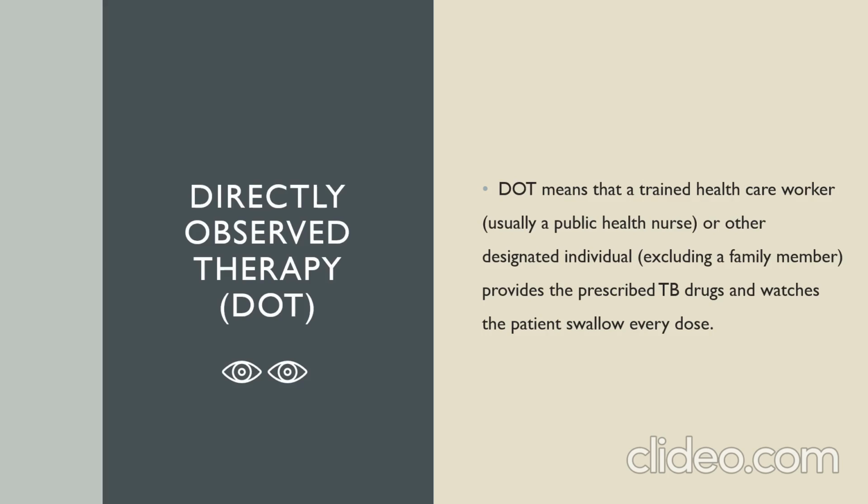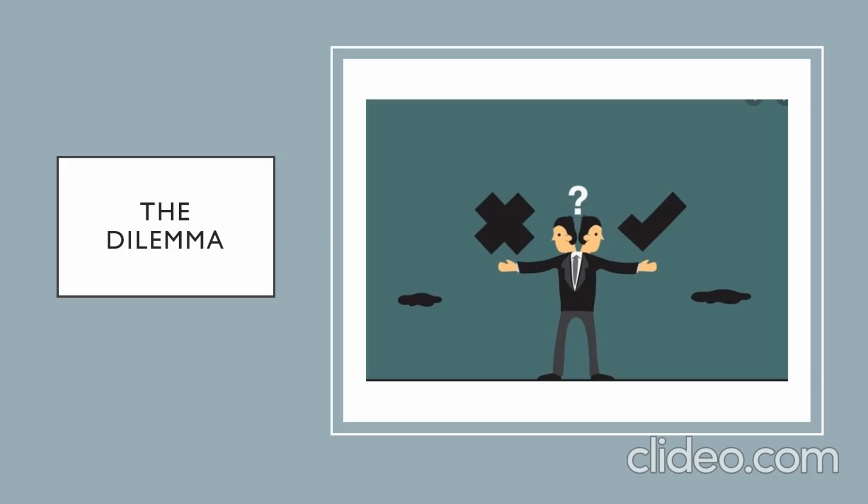That means she was not showing any symptoms, but because it was latent, it's there, so she was placed on the 6-month drug therapy. Every Monday, a community health nurse knocked at her door, placed the medications in her hands, and ensured that she took it in her presence before she left. So that is directly observed therapy.